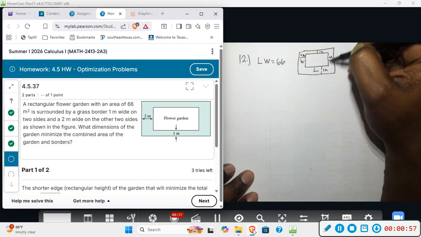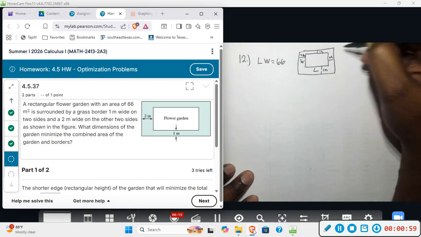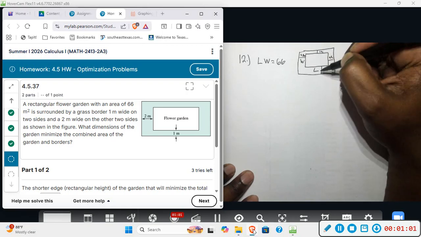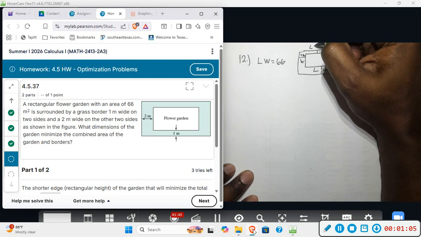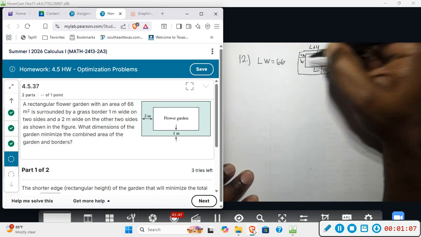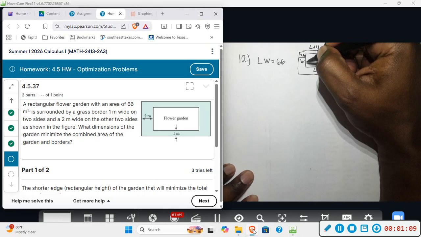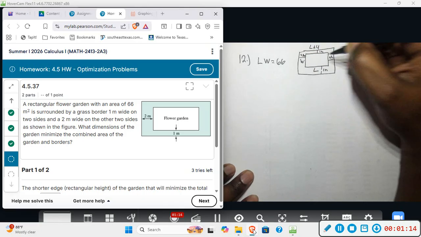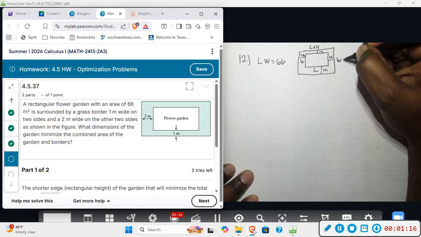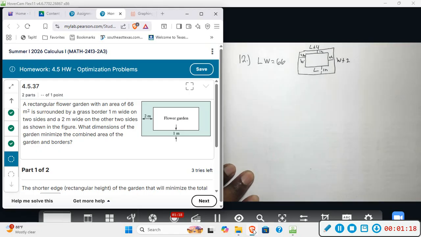We don't know what W and L are, so this length here will be L plus 2 plus 2, so it'll be L plus 4. W on the outside, you're going to add 1 here and 1 here, so this will be W plus 2.